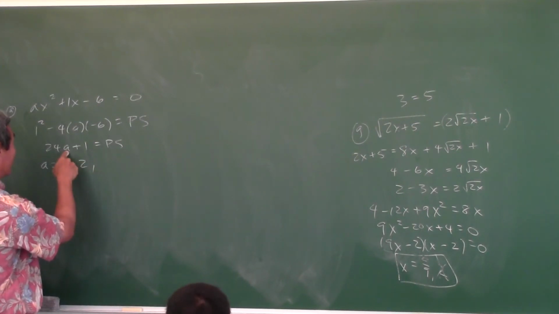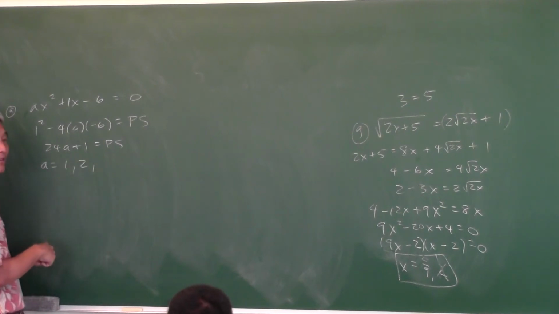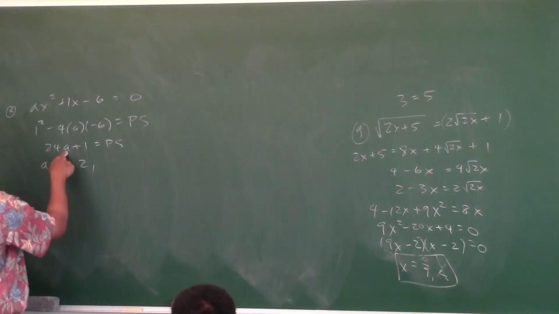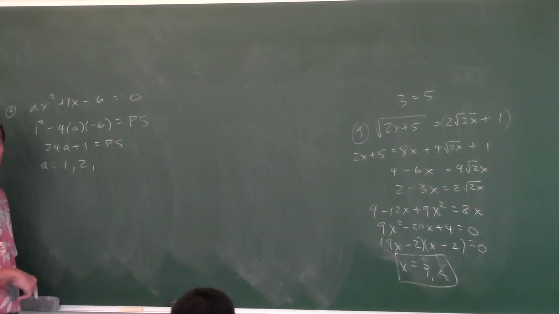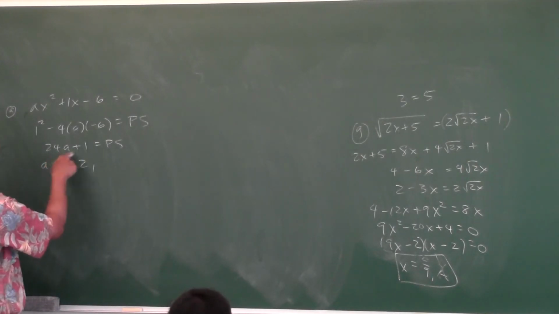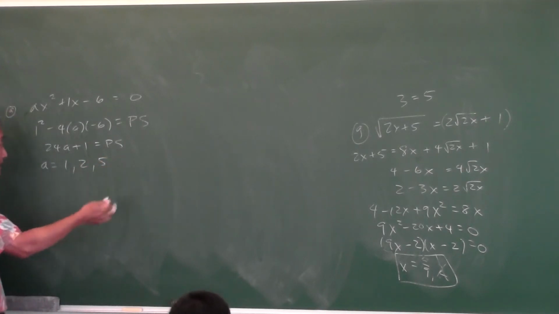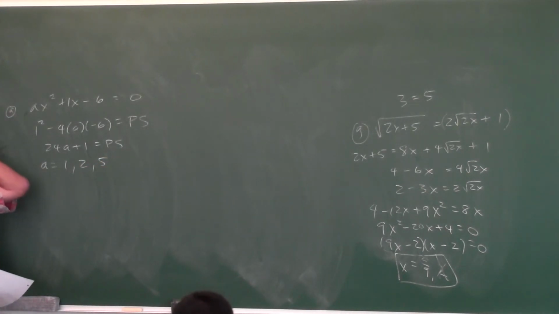Yes! 3. 72 plus 1. Is 73 a perfect square? I see people thinking. Oh my goodness. Okay, what about 4? 97. Is 97 a perfect square? Okay, good. That one you got kind of fast. 5. 121. Perfect square. And then you just keep on plugging in numbers until you get the first 5.